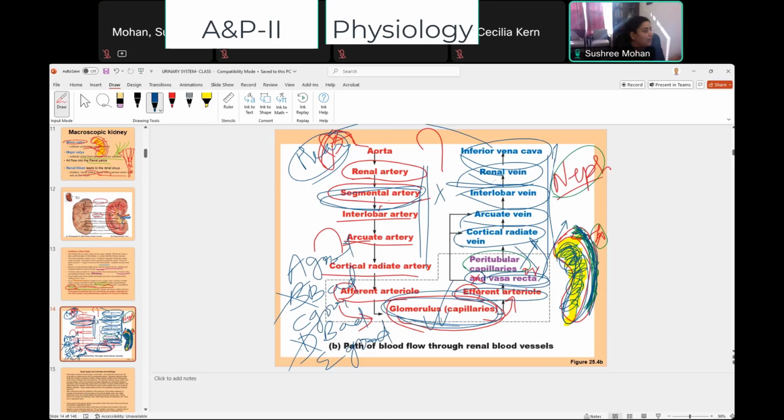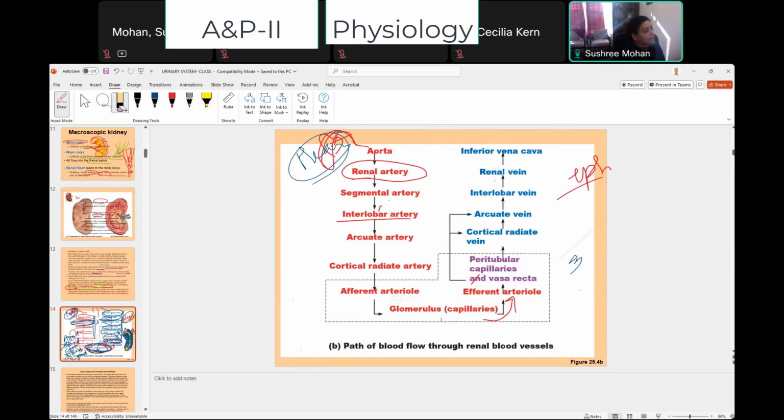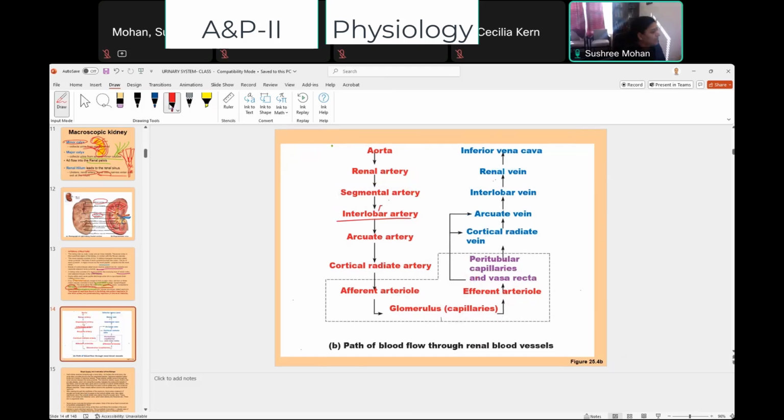Okay? So when the blood comes and the filtration happens, I want to get this concept very clear to you. If you understand this much, the rest of the stuff becomes easy for you. So when the blood comes, we are bringing A, B, C, D, and E. It comes to the glomerulus. Then, after the filtration happens over here, we are forming urine.